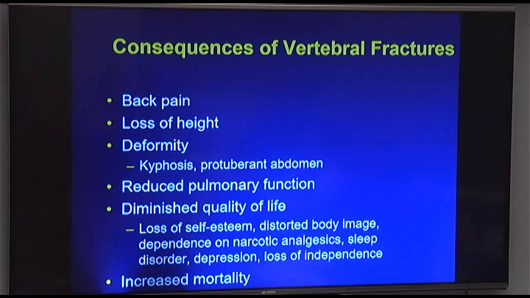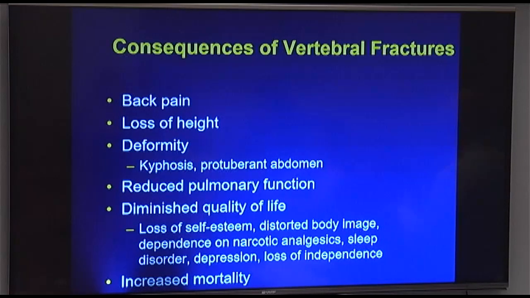But whether it's back pain, loss of height, deformity, reduced pulmonary function, diminished quality of life, or increased mortality, these are all features of the vertebral fracture. Some people have made comments about the so-called morphometric vertebral fracture. That's the fracture you discover by X-ray, an incidental finding. 2/3 of vertebral fractures are discovered that way.